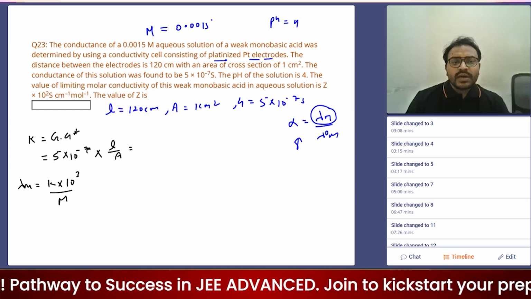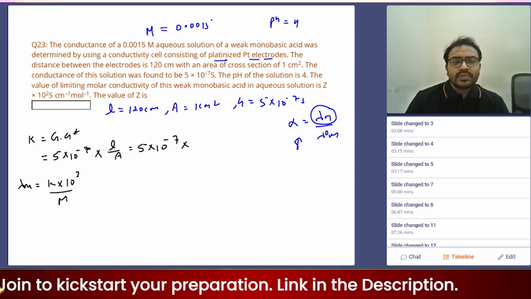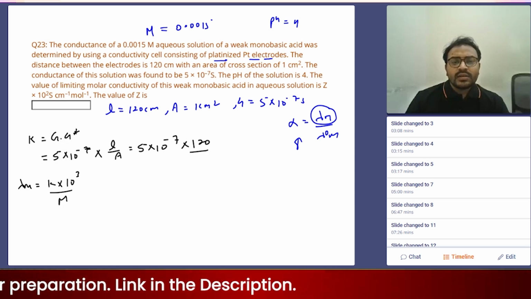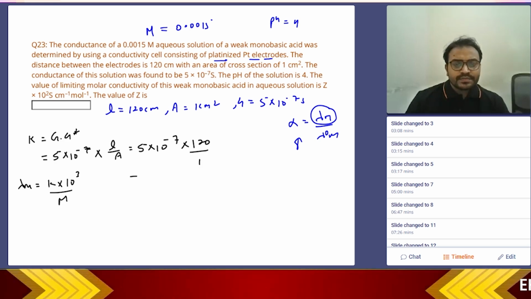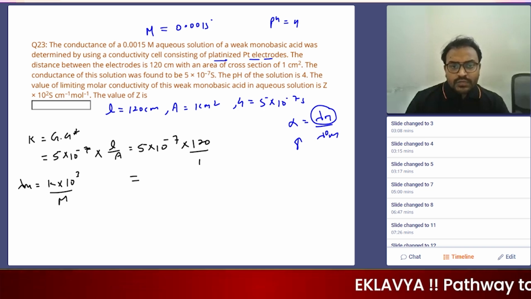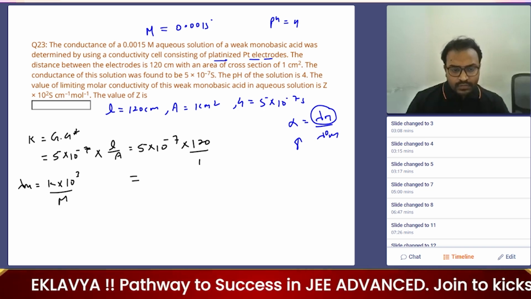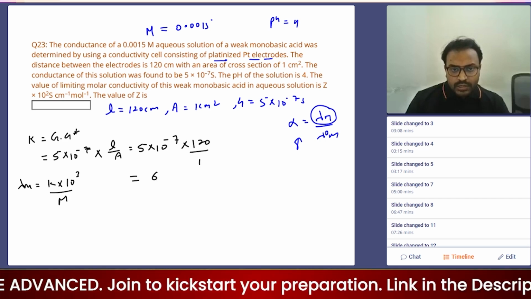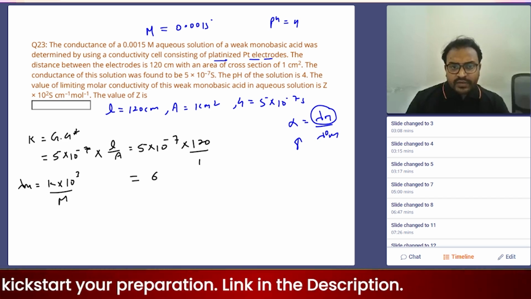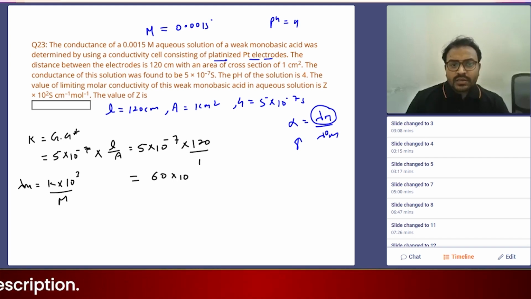Cell constant is L by A. So we can calculate the value: 5 into 10 to the power of minus 7 into L, which is 120, divided by area, which is 1. Right? So this value will be equal to, 120 multiplied by 5, or else we can write 12 multiplied by 5 is 60 into 10 to the power of minus 6.